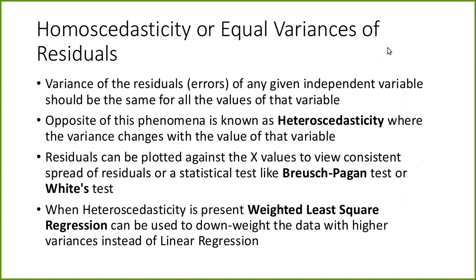That means, as I mentioned earlier, when it comes to x values, this error, meaning the difference between the actual value and the predicted value, should be having a constant variance when the x is increasing, right?